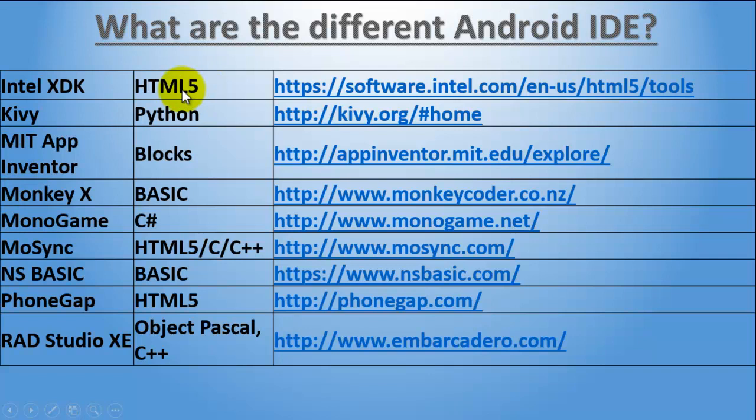Whichever supportive language is given as HTML5, those IDEs are used to develop the Android application, what we call hybrid apps. So any app developed using HTML5, CSS, JavaScript can be used as a hybrid app.